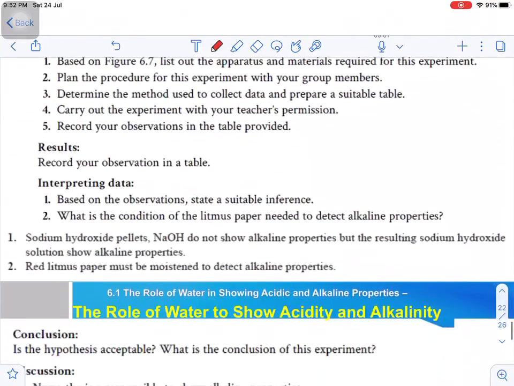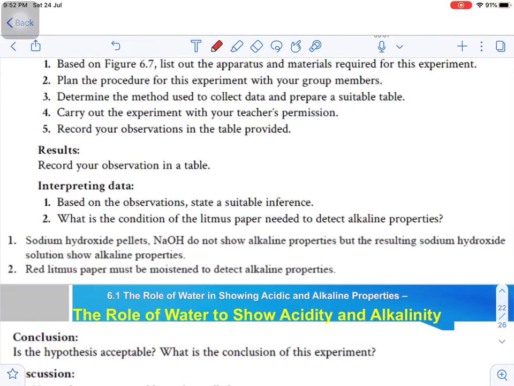Now, based on the observation, state a suitable inference. Sodium hydroxide pellet does not show alkaline properties, but the resulting sodium hydroxide solution, because we add water in the test tube, shows alkaline properties.